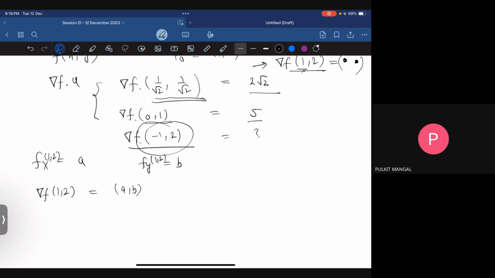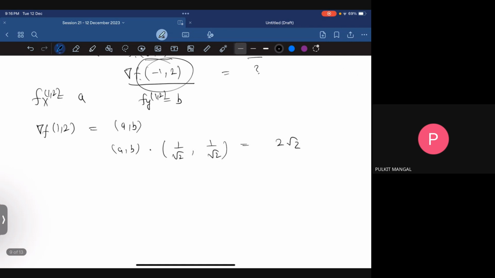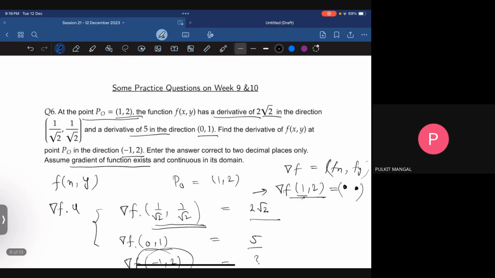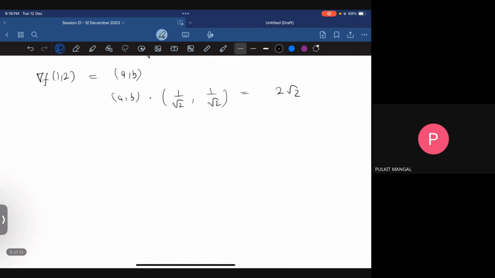Now we just need to plug in this value: (a, b) dot product with (1/root 2, 1/root 2) is 2 root 2. So (a plus b)/root 2 equals 2 root 2, and we get a plus b equal to 4.